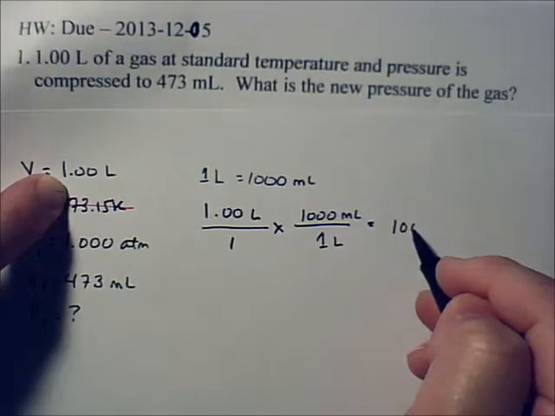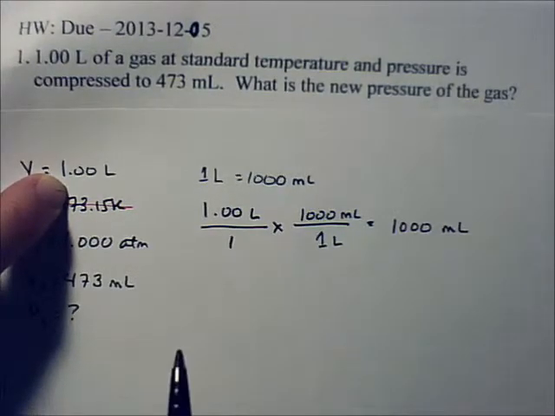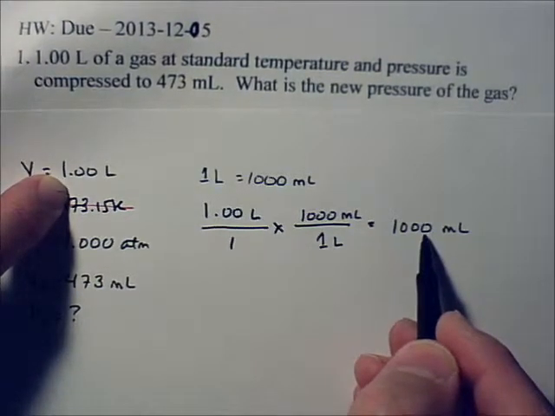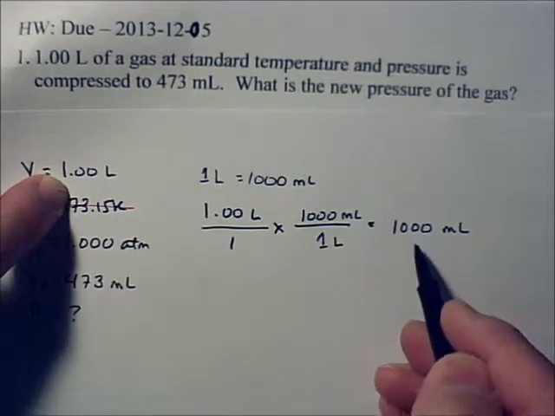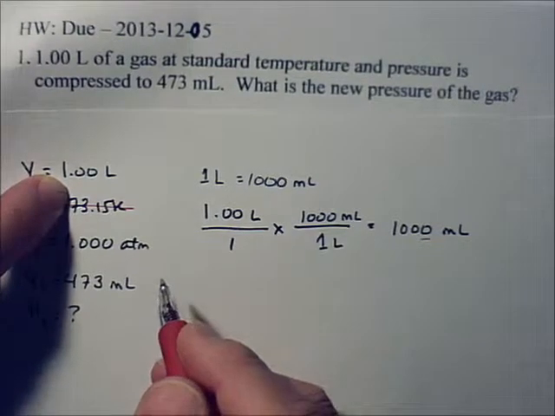And we get 1,000 milliliters, right? The problem here is that I need to round it off to 3 digits.